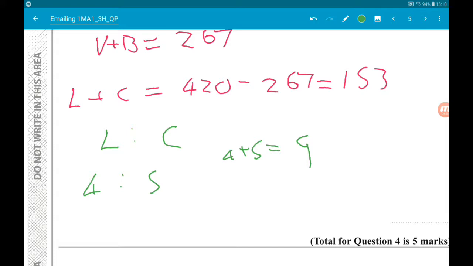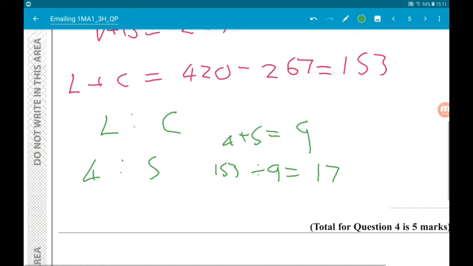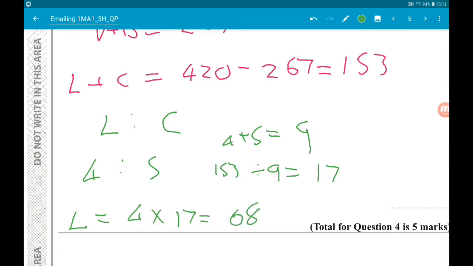So we do 153 divided by 9, and that gives us 17. So finally, the number of lemon cakes is 4 times 17, because there are 17 lots of this ratio. So 4 times 17 is 68. Boom.